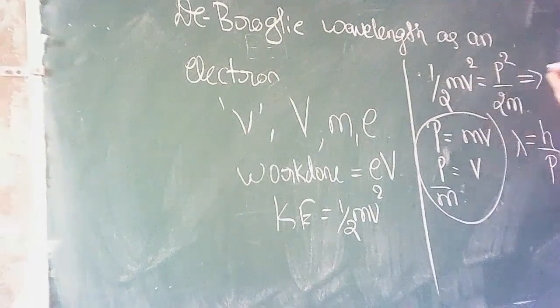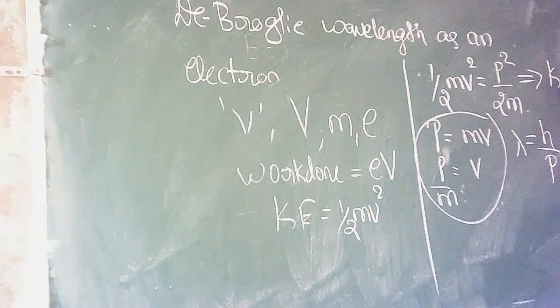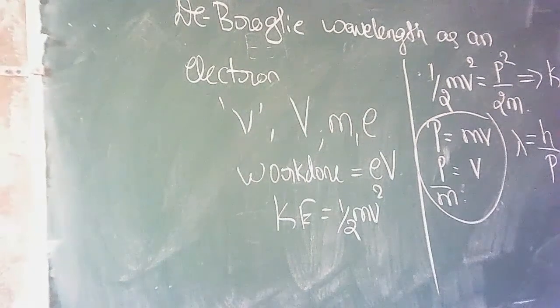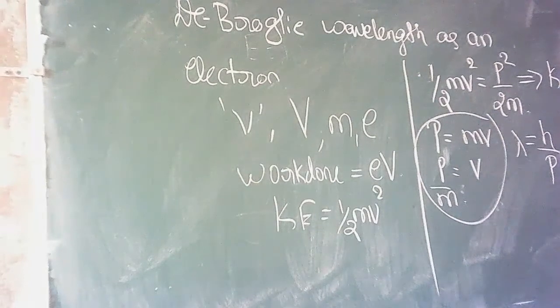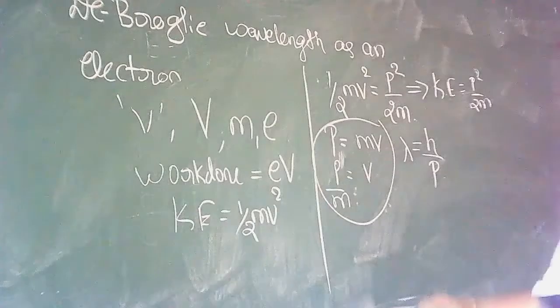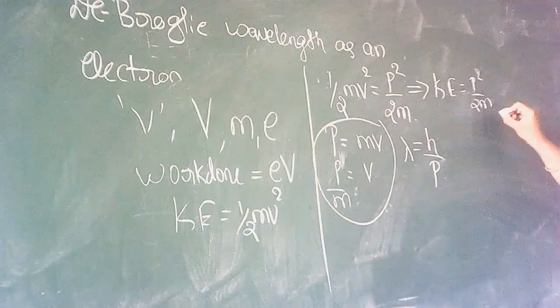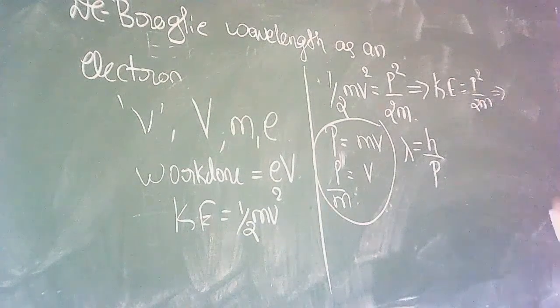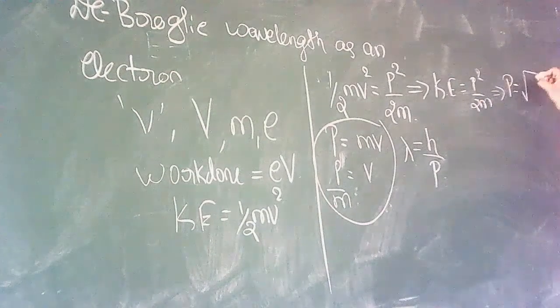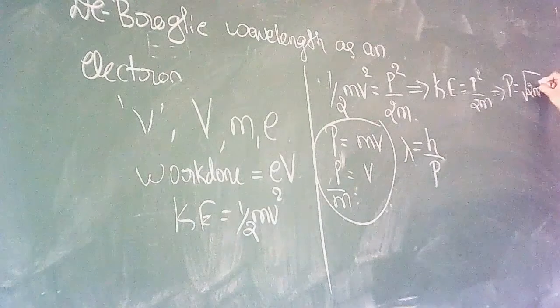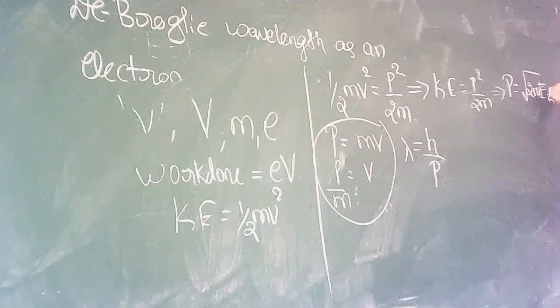Therefore, kinetic energy is equal to p square divided by 2m, which implies p is equal to under root of 2m into kinetic energy.